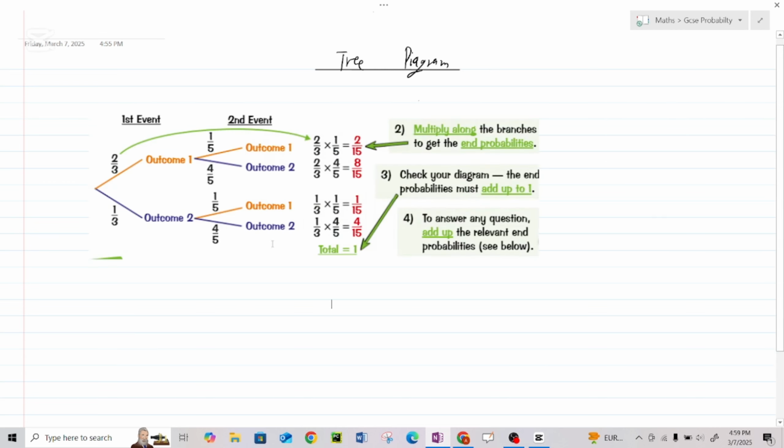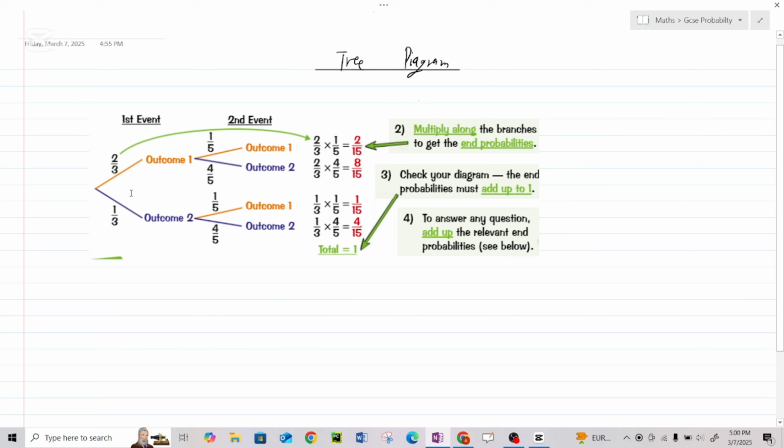Everything that you need to know, in a blueprint. For example, let's say, and this could be anything, the probability that you get outcome 1 is 2 by 3, and the probability that you get outcome 2 is 1 by 3.